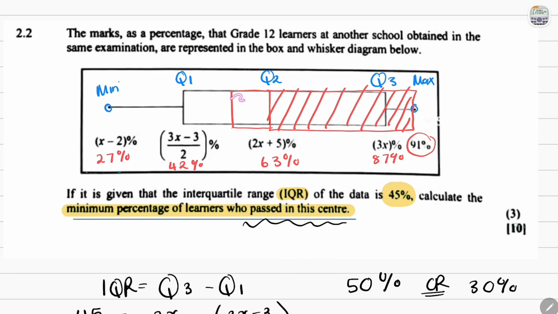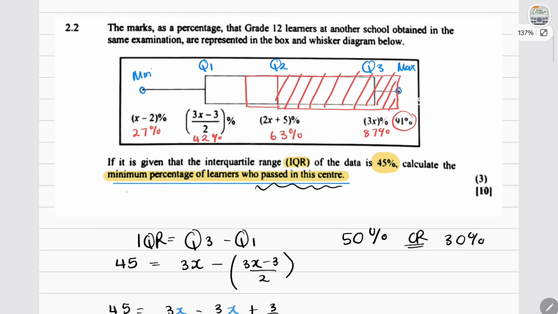So we know definitely there are people who got 50% and higher than 50%, a small number of people. So there's clearly more than 50% of the learners in this center who passed, if the pass mark was 50%. Now you see that's probably where the minimum comes in, because we cannot guess how much of a percentage these ones would be.